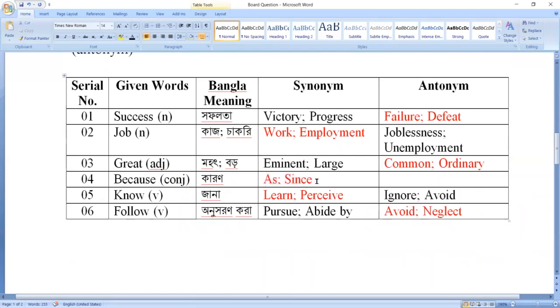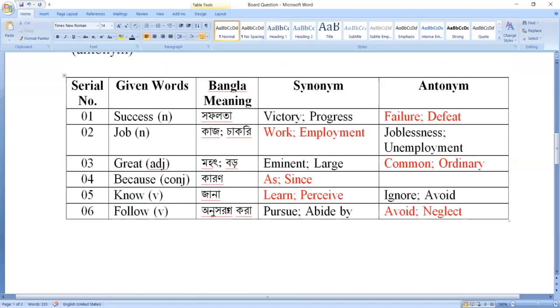I think you have already learned the conjunction. These are the subordinating conjunctions, and you need to use either as or since, because these are the synonyms of the word because. Then know.